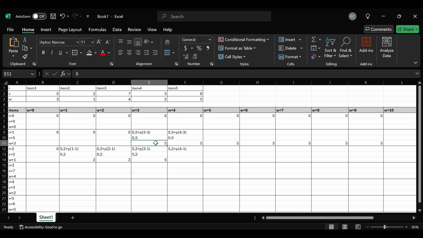And our value there is 5. So you will have 2 plus 5. So if we complete this, did not pick up is 5 and pick up is 2 plus 5, which is 7. So I will decide pick up, and our maximum will then become 7.